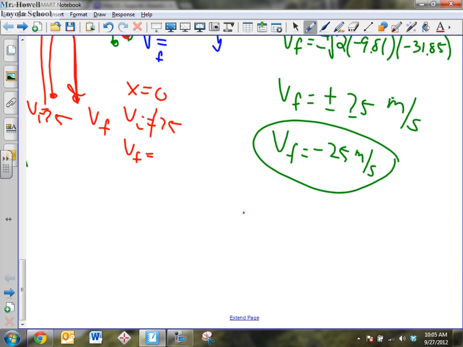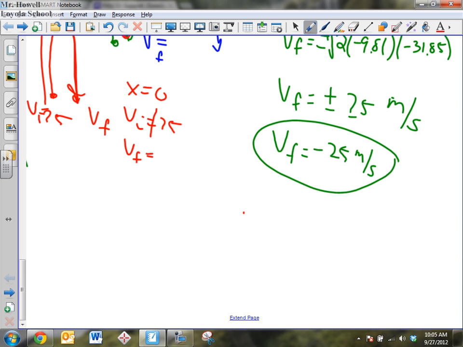Okay? Part D. And try this tonight because we're going to run out of time. 2 parts to it. How long will it take the rocket to return to the ground from the max height?